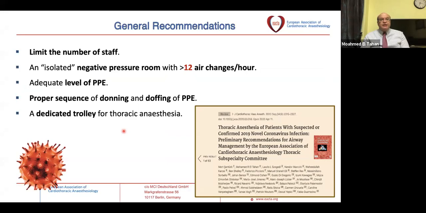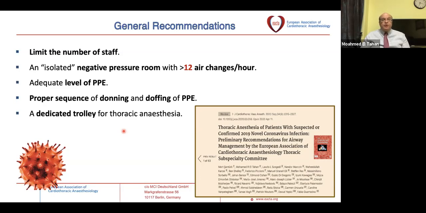General recommendations: as you know, the WHO announced the pandemic of SARS-CoV-2 in March 2020, and we have some recommendations from the European Association of Cardiothoracic Anesthesiologists, published earlier this year, for COVID patients undergoing thoracic surgery. We have to limit the number of staff present in the room.